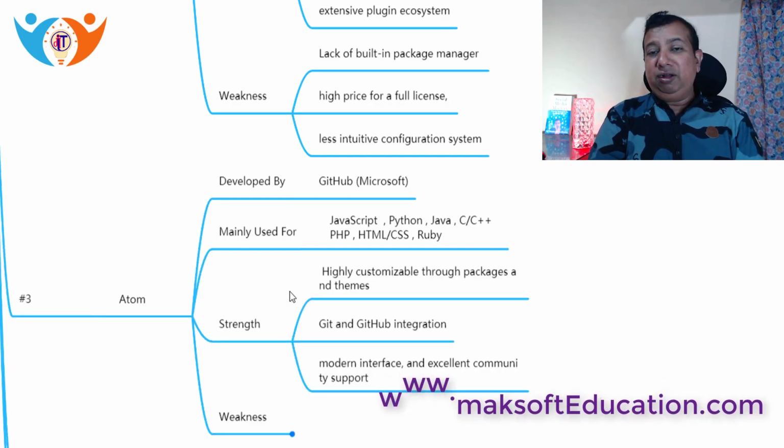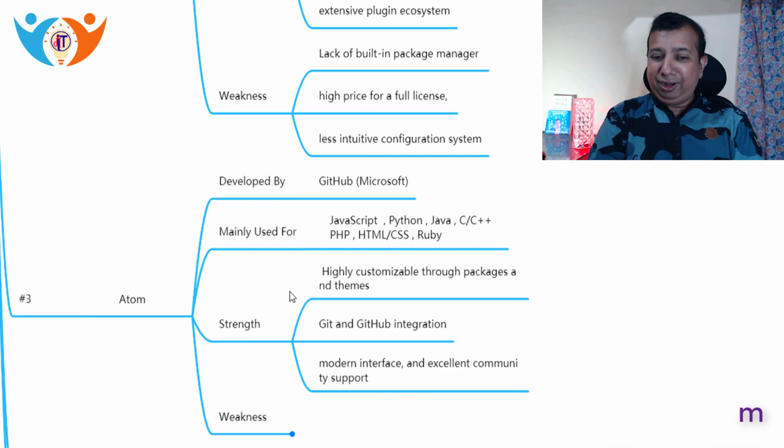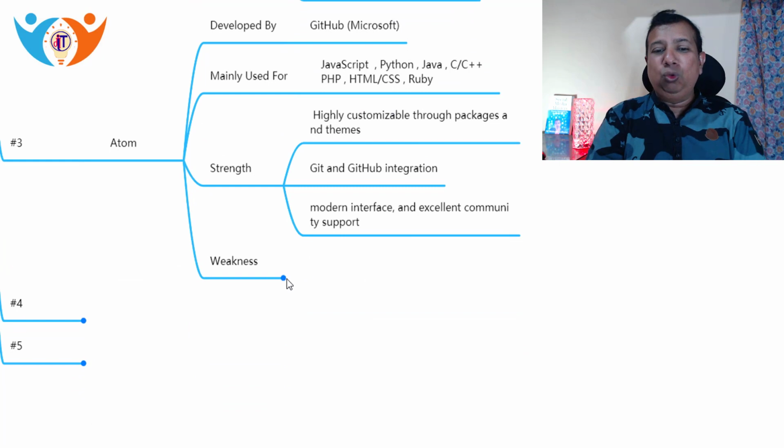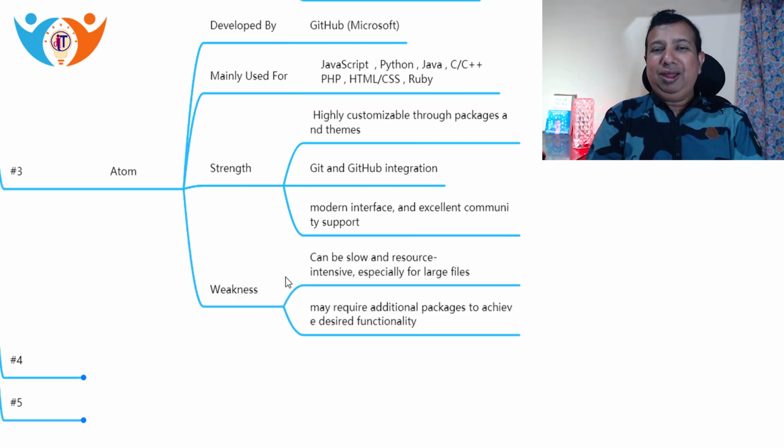Git and GitHub integrations are available inside Atom, which is missing in VS Code, and it has modern and excellent community support. Now let us go for weaknesses. It is somewhat slow in performance and resource intensive. It requires a lot of resources, and especially for large files, it takes a lot of memory and slows down your system.